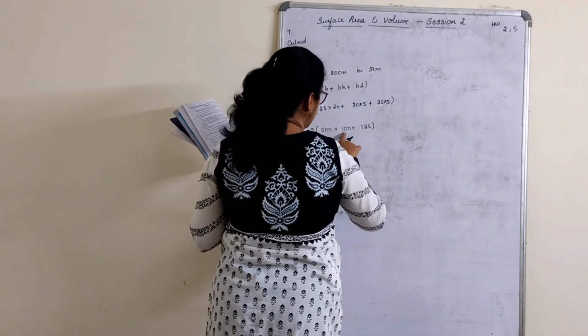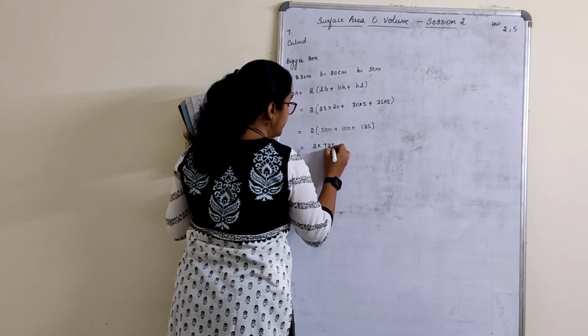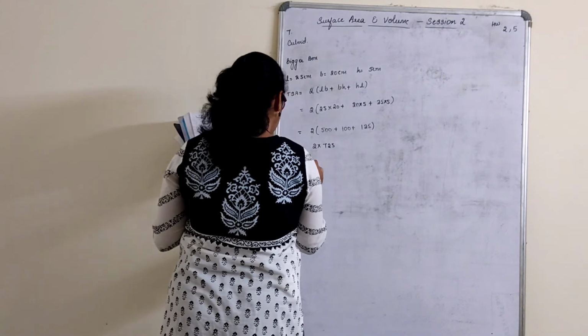So 500, 600, 700, 725. So 2 into 725, this is 1450.